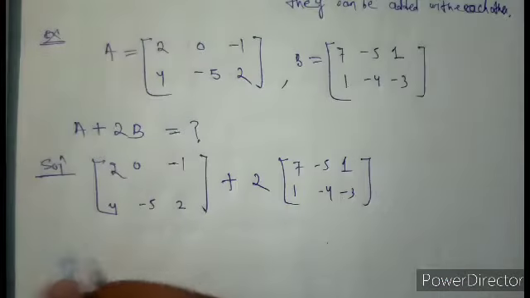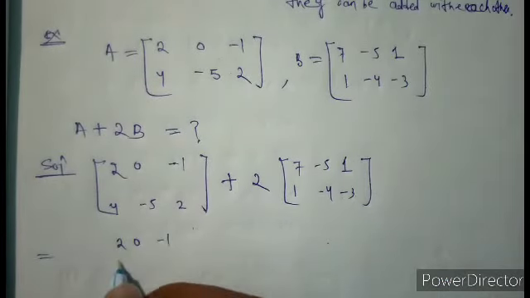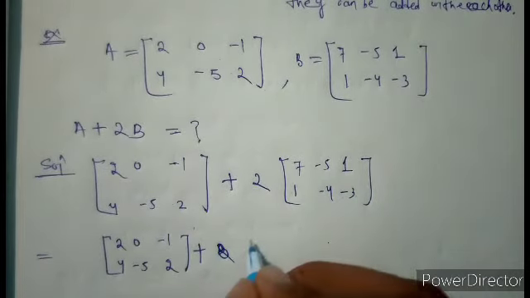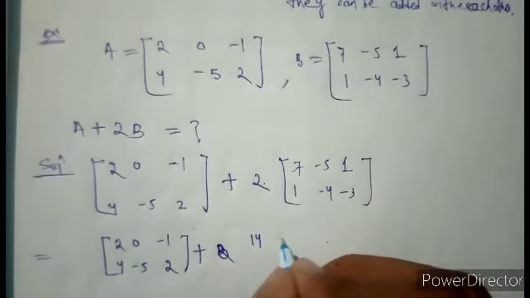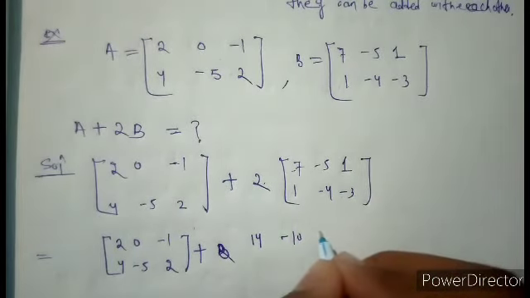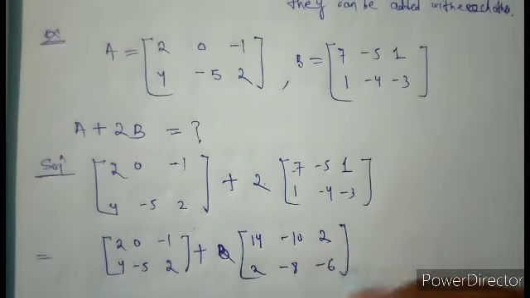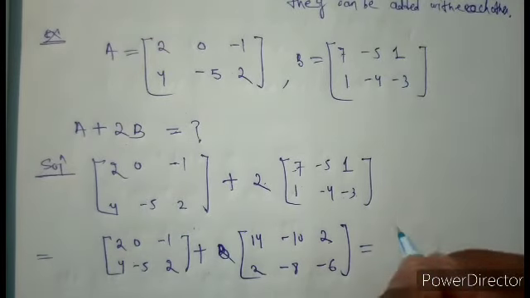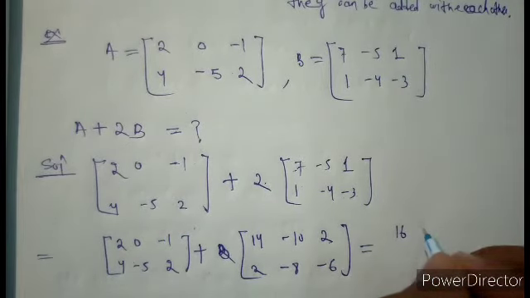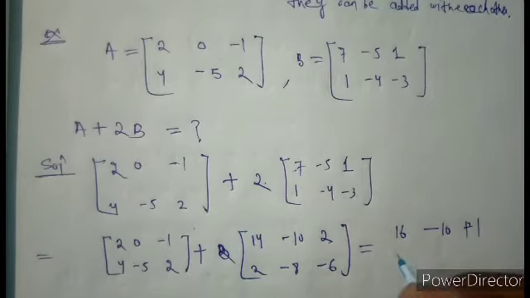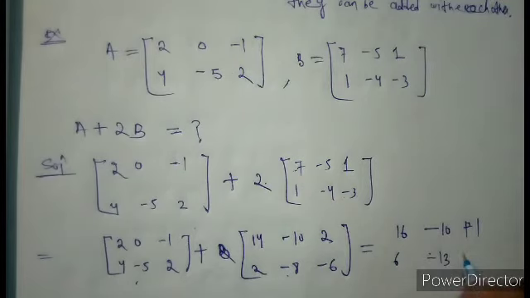That is equal to 2 0 minus 1 4 minus 5 2 plus 2 multiplied with, that is, 2 7s are 14, 2 5s minus 10, 2 1s are 2, 2 1s are 2, 2 minus 4 minus 8, 2 minus 3 minus 6. That is equal to 2 plus 14 is 16, 0 minus 10 minus 10, minus 1 plus 2 is 1, 4 plus 2 is 6, minus 5 minus 8 minus 13, 2 minus 6 minus 4.